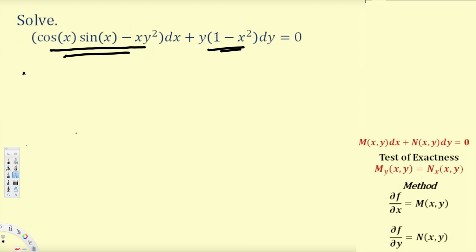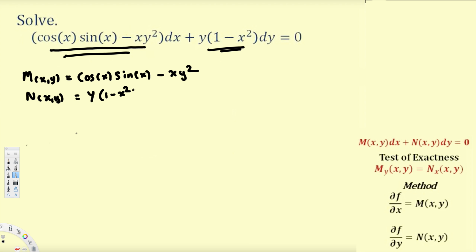Now let's go ahead and write that down. M(x,y) is equal to cos x sin x minus x y square, and N(x,y) is going to be equal to y times (1 minus x square).